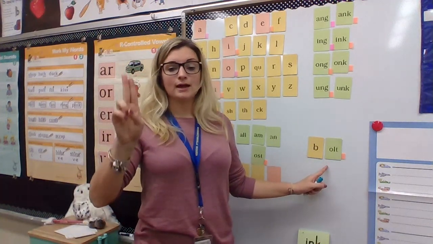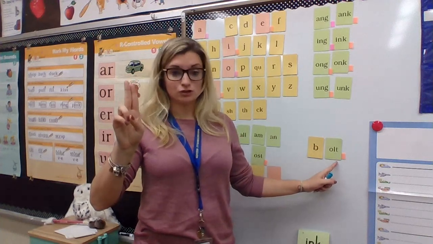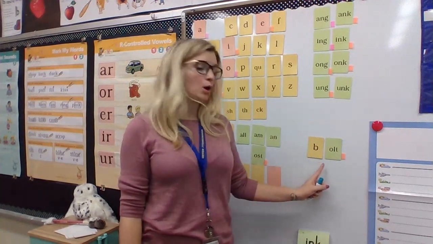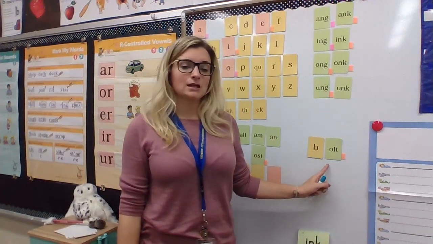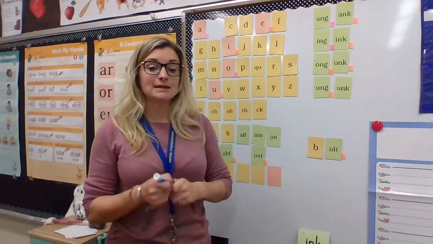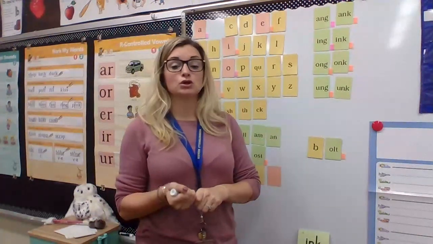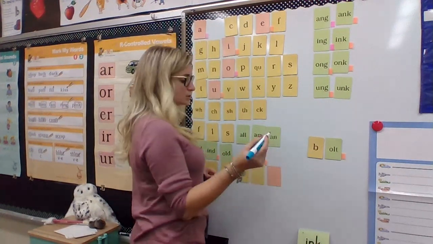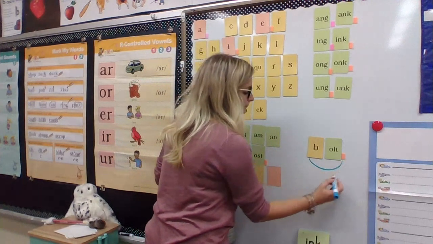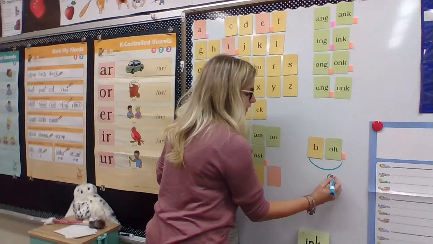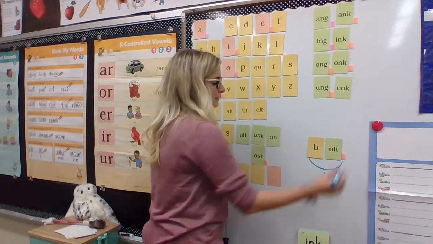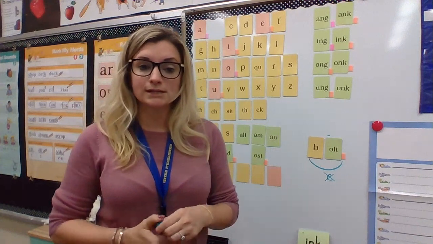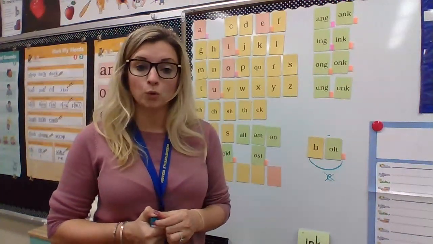Rule number 2, it is followed by a consonant, which it is. Rule number 3, does it make the short vowel sound? Bolt. It makes that long sound. It's saying its name. So that means it's not a closed syllable. It's a closed syllable exception. That's right. So let's go ahead and mark it. So we scoop it, put a C, cross it out, and then we put our macron right above the vowel. Reminds us that that O says its name, bolt.